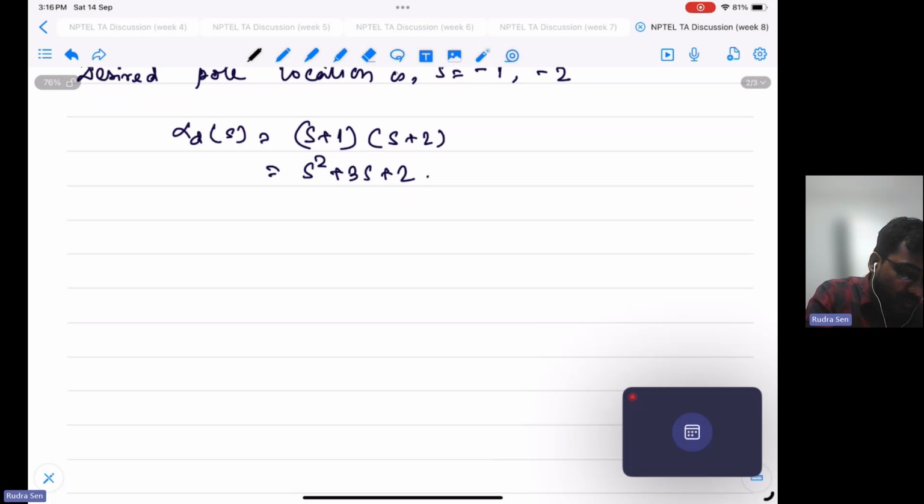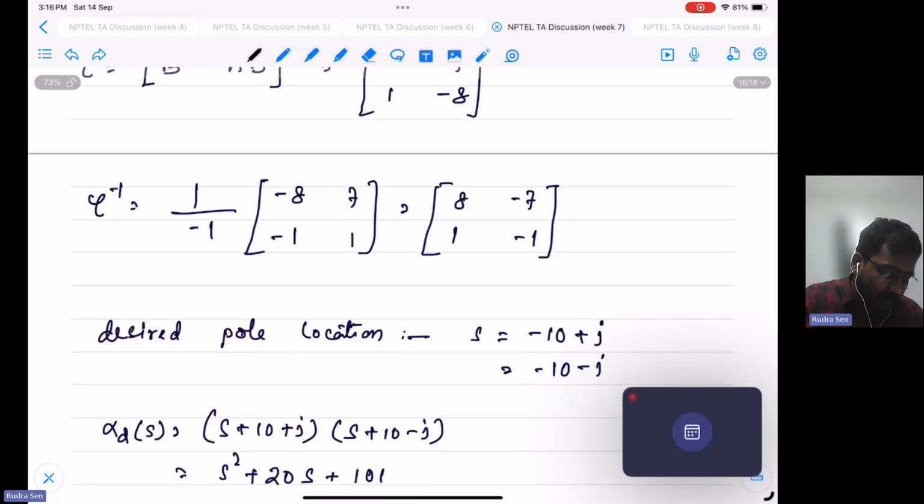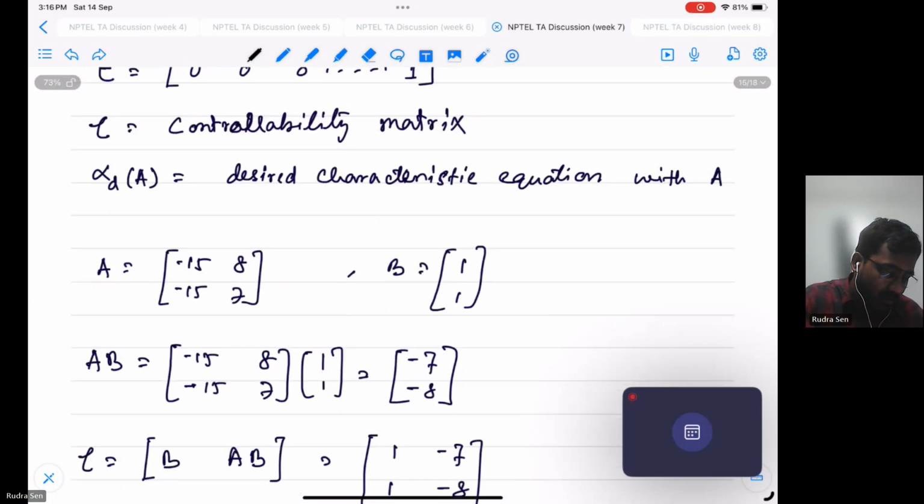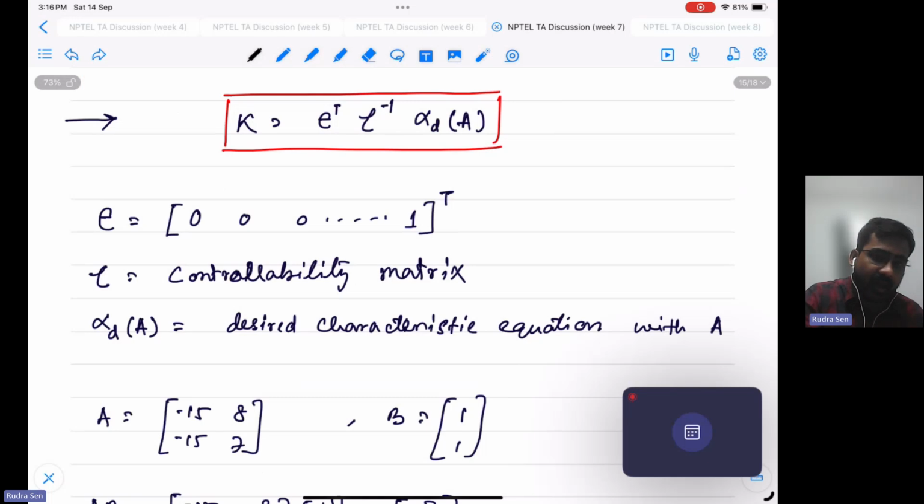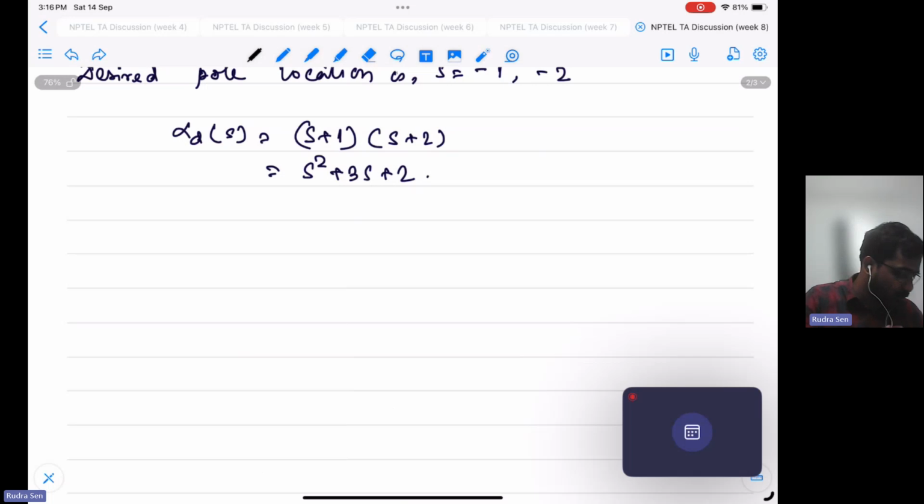What is the Ackermann formula? In the previous class, we have seen it. This is the Ackermann's formula, e transpose C inverse phi(A). Using Ackermann's formula, we have to find out the state feedback, right? For that, we need to find out the controllability matrix.